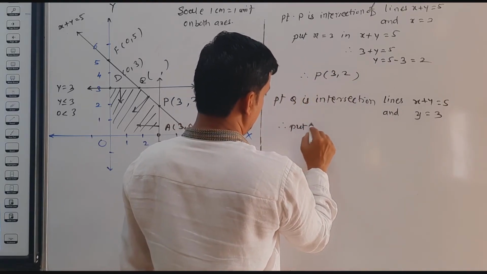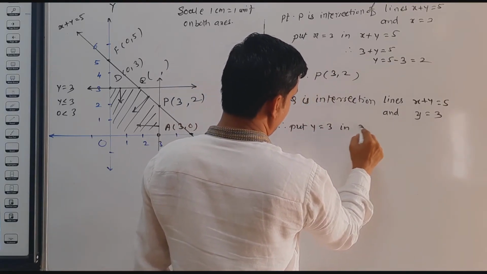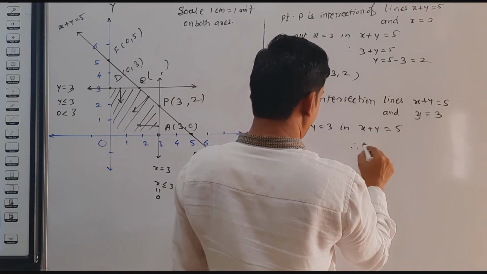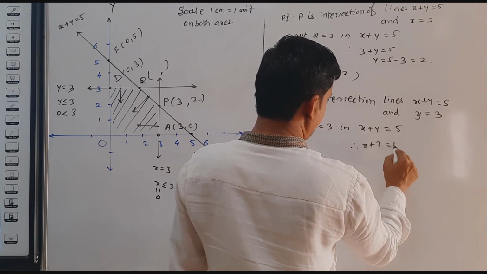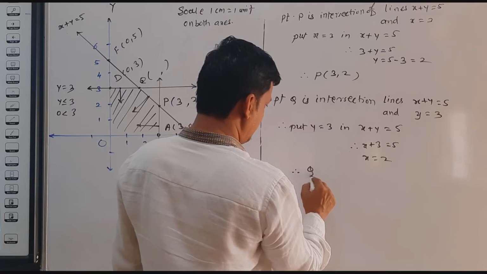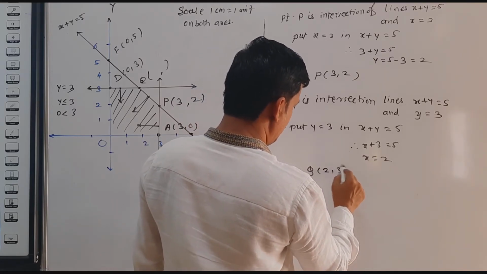Therefore, put y equals 3 in x plus y equals 5. Therefore, x plus 3 equals 5. That means we get x equals 2. Therefore, Q has coordinate (2, 3).